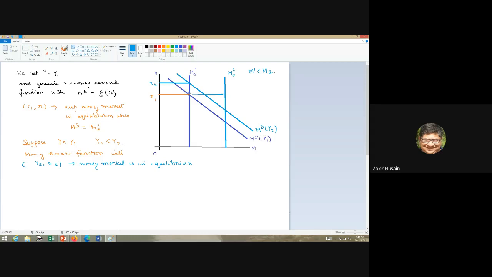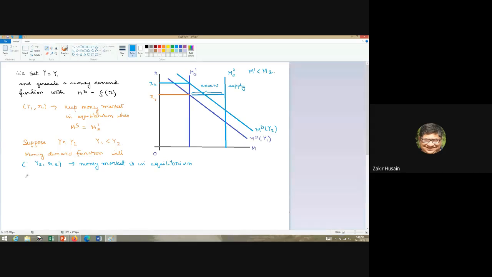Now, this is the money demand function at R1, and this is the supply. So this is the excess supply of money.